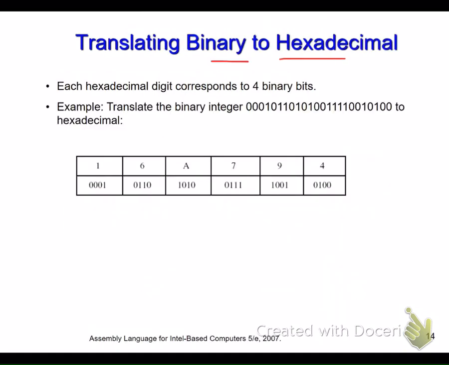Translating binary to hexadecimal. So this hexadecimal, as we mentioned, we have like 4 binary bits. So if you have all of these binary, and I'm asking you to translate to hexadecimal, you are taking each 4 of these and interpreting it as a number of one of the options that you have for the 16 base.